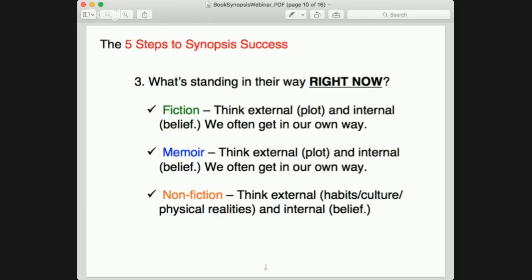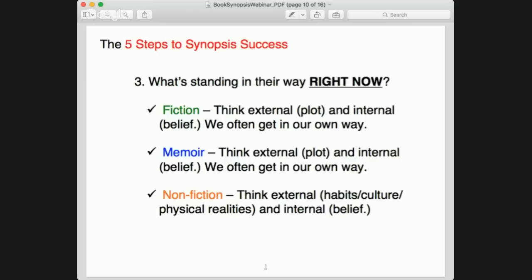So in terms of fiction and in terms of memoir, you're going to think about things that can stand in people's way that are external, right? They're plot level things. They're things that happen. So that can be anything in the physical world. That can be a meteor falling on San Diego.